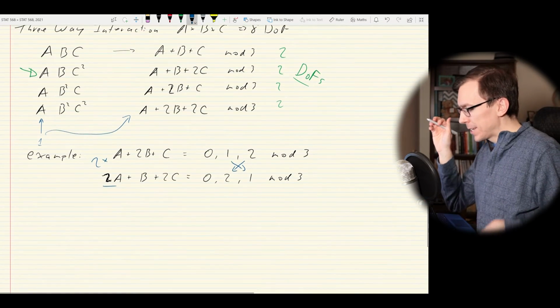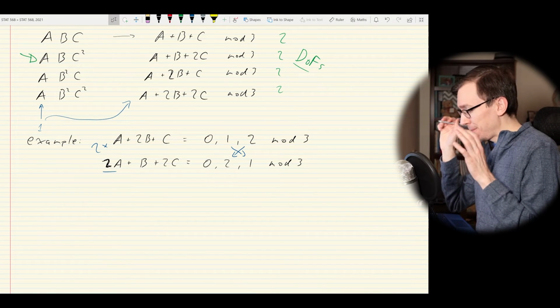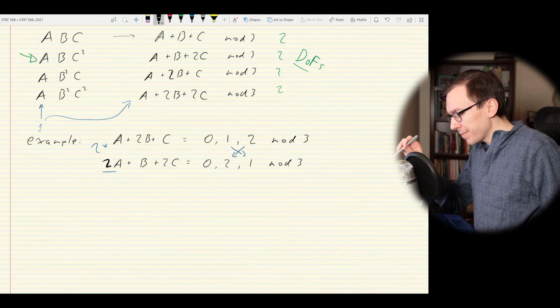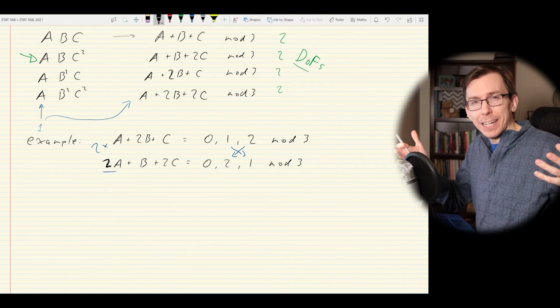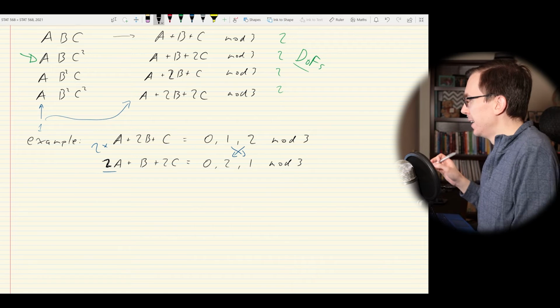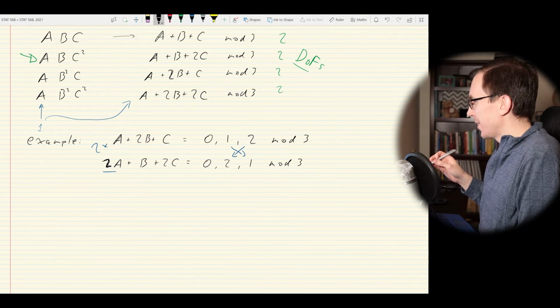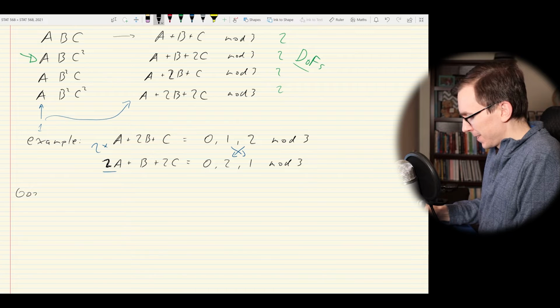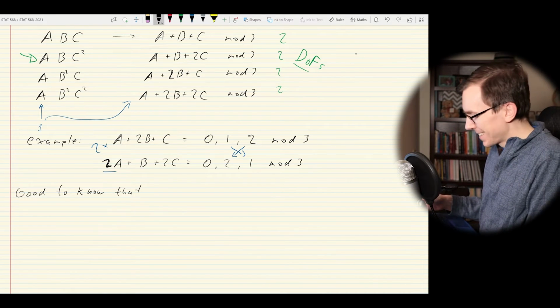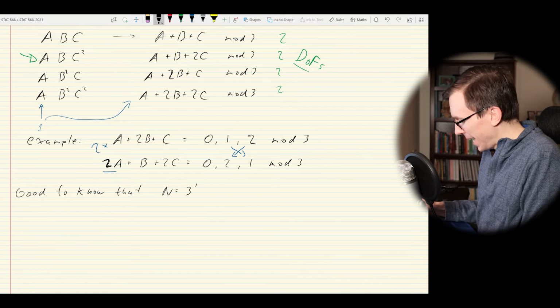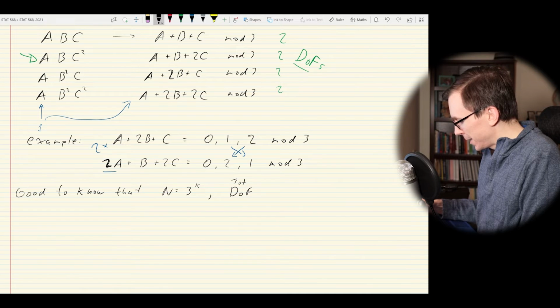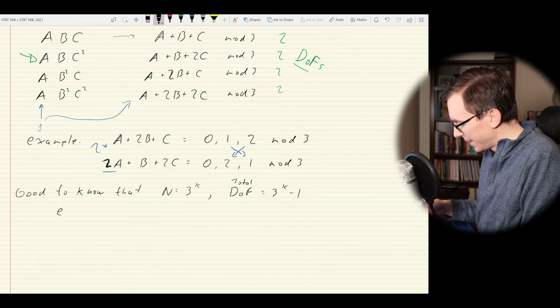So I think that's more or less what I wanted to discuss for this section. It's a little confusing, so it takes some time to absorb what's going on here. I love counting things. I think it's really good to know that if we have a sample size of 3 to the k, then we have total degrees of freedom of 3 to the k minus 1.